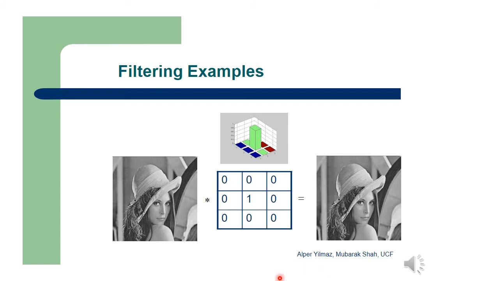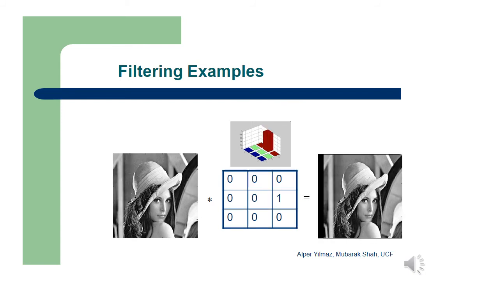It is the identity, there is no change, and the same pixel values which we have in the actual image will be replicated in the output image. If we apply this kernel and multiply it with the original image, then we get this image.